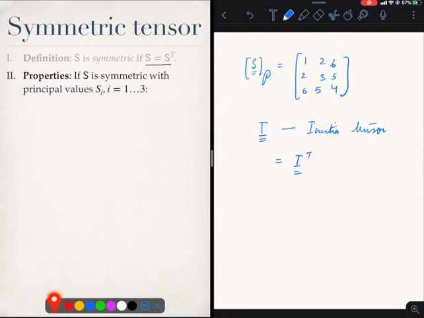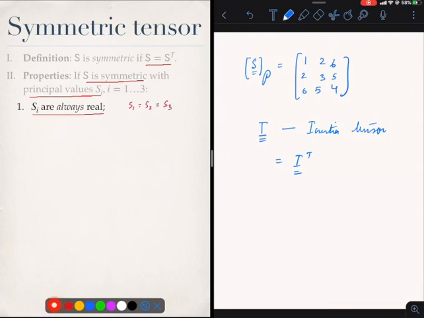So what are the specific properties of a symmetric tensor? If S is symmetric and has principal values Si, then we are ensured that the Si are always real. It is possible that S1 equals S2 equals S3.